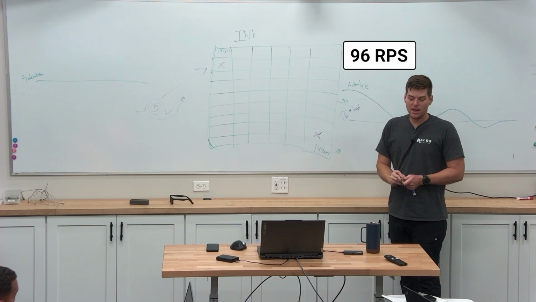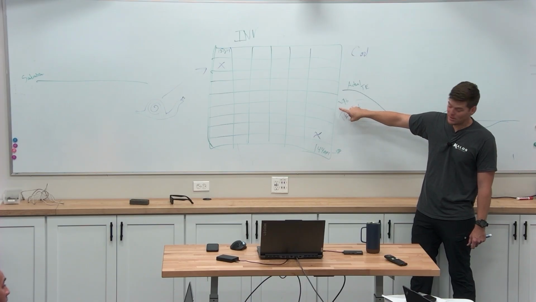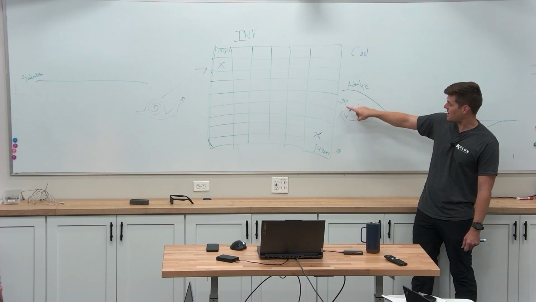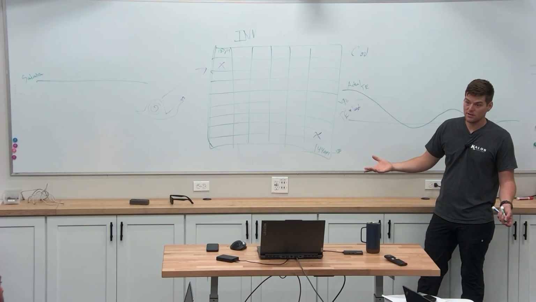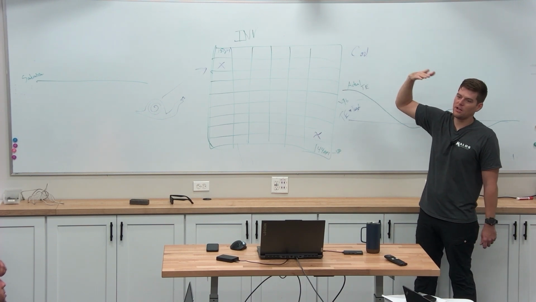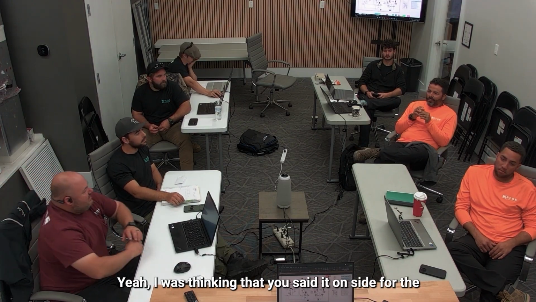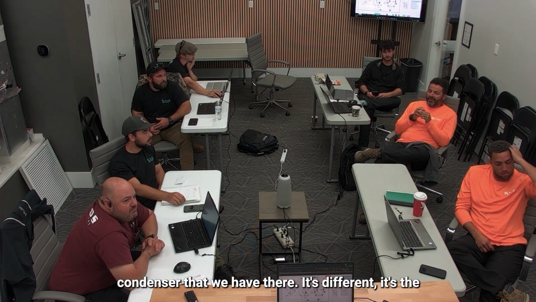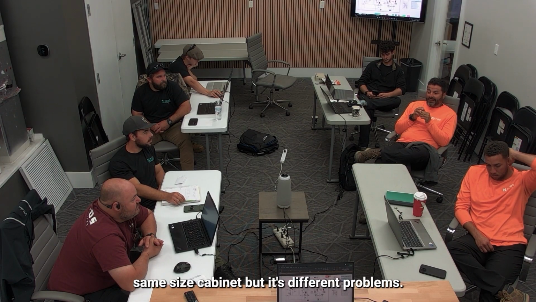The inverter board is programmed differently to not let the same size compressor go past this speed, because that would be the speed of a 10-ton, not an 8-ton. It's the same compressor; it just doesn't let it go higher than that speed. This is your max speed. It's a governor, basically. It's the same size cabinet but a different tonnage.